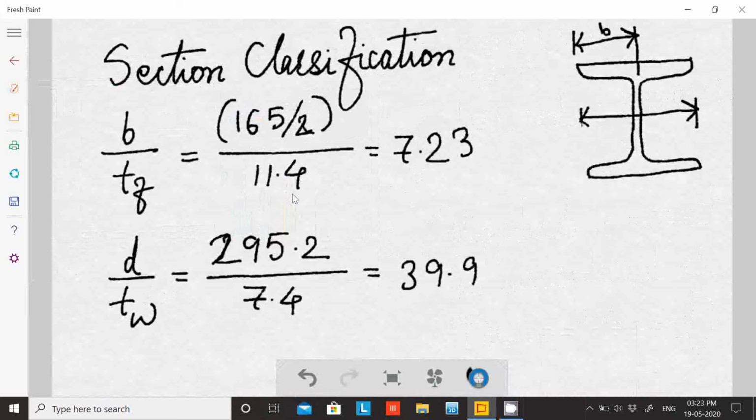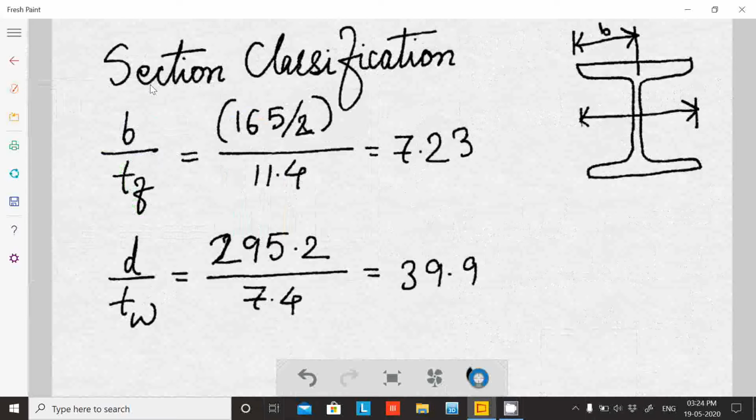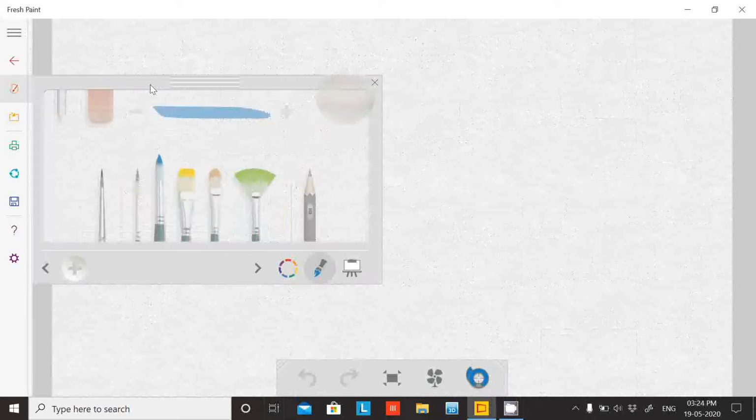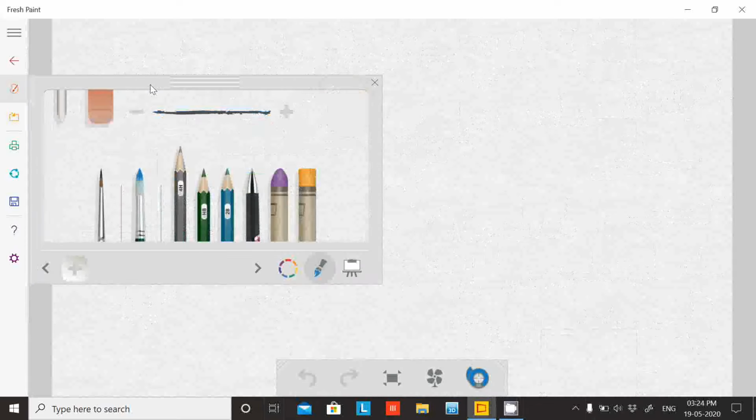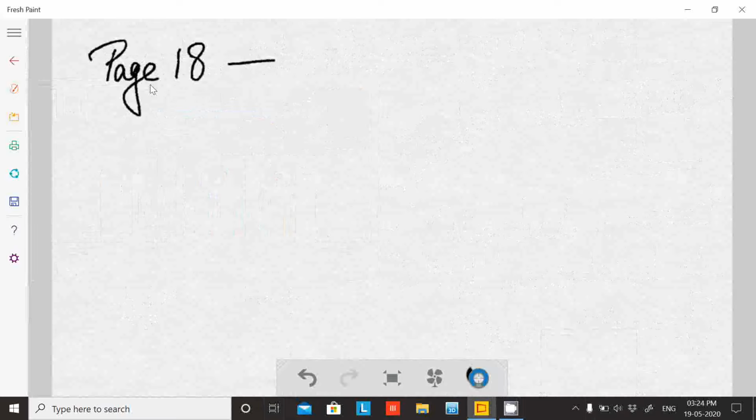Now if we look into the IS code, there is a table, in page number 18, table 2.